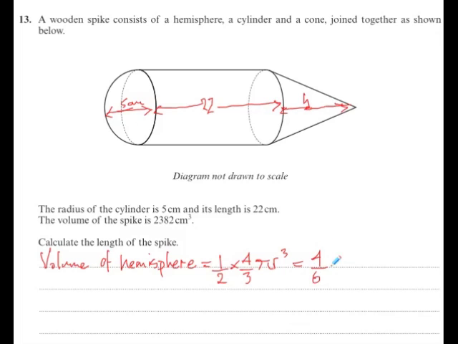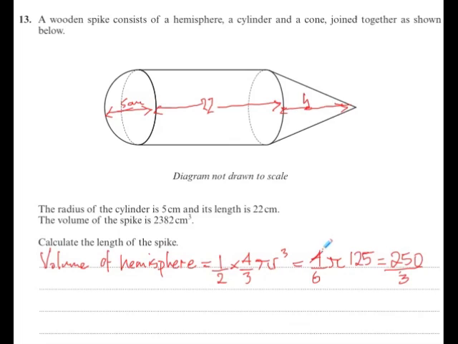4/6 pi, and 5 cubed. 5 times 5 is 25, times 5 is 125. And all of that is 250 over 3.